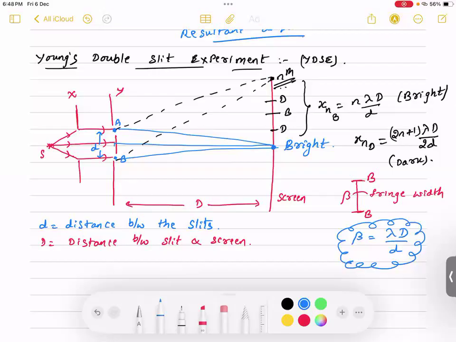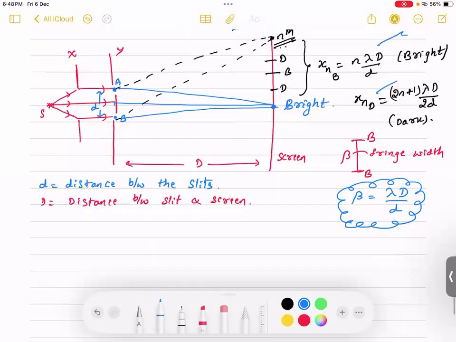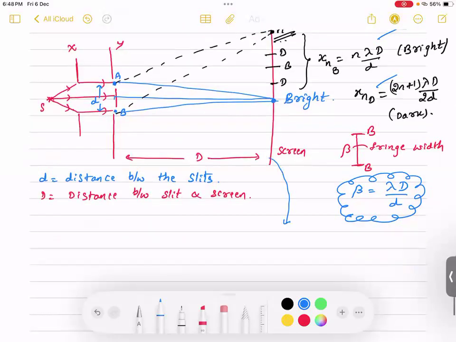You can remember these formulas for the problems. So this is how Young's double slit experiment is analyzed. They won't ask this question to students, but please remember, if they ask what the interference pattern consists of: it consists of alternate bright and dark bands.